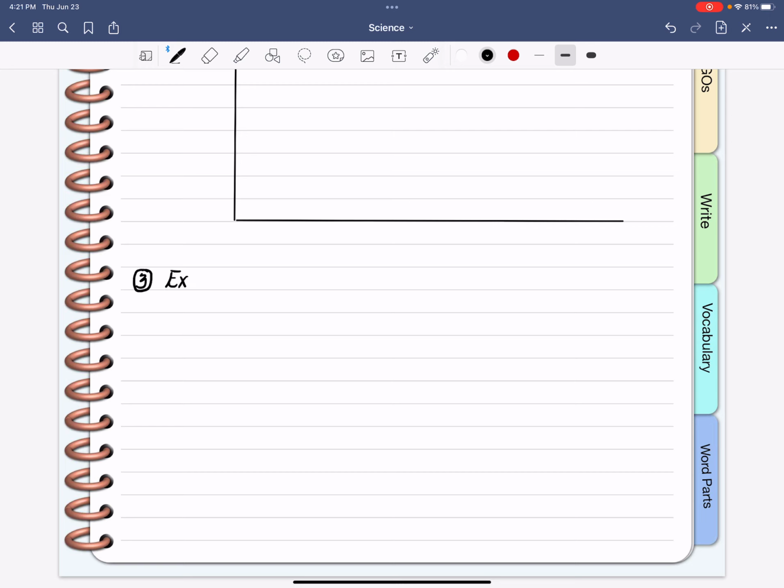Explain the difference. That word is important. I'll tell you in just a second why. Explain the difference between a scientific theory and scientific law. You are practicing spelling every time you write these words.